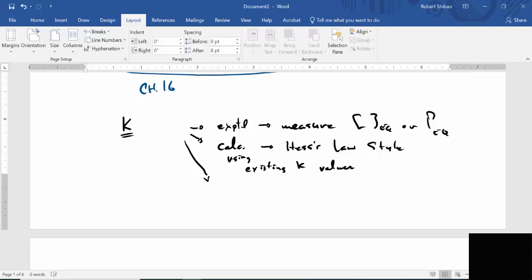The other alternative is to try to calculate it theoretically, using thermodynamics.